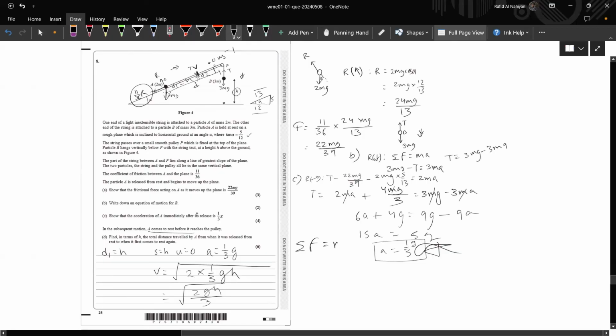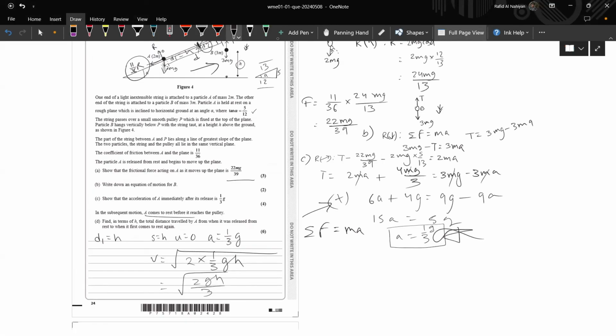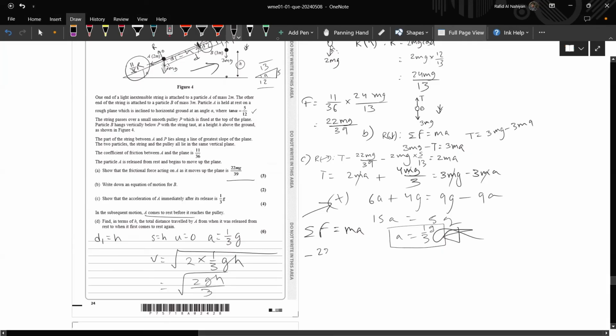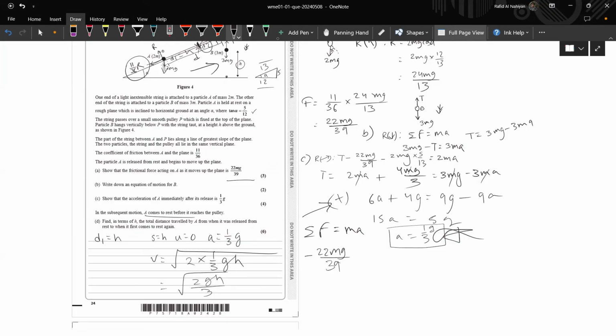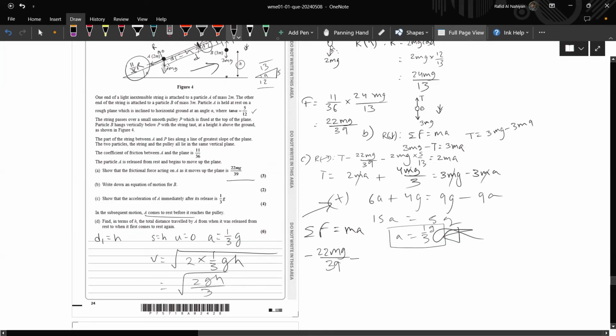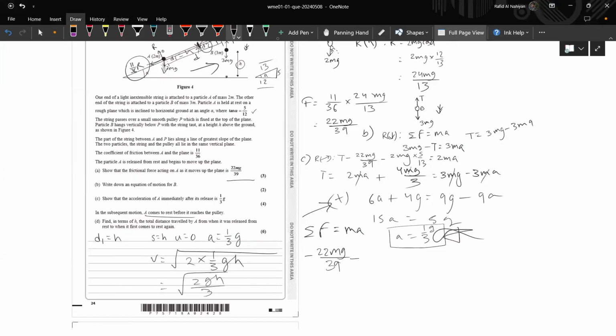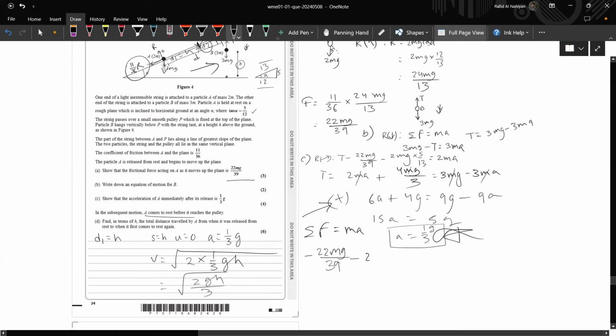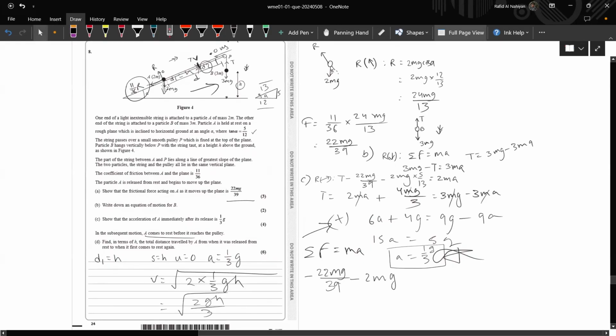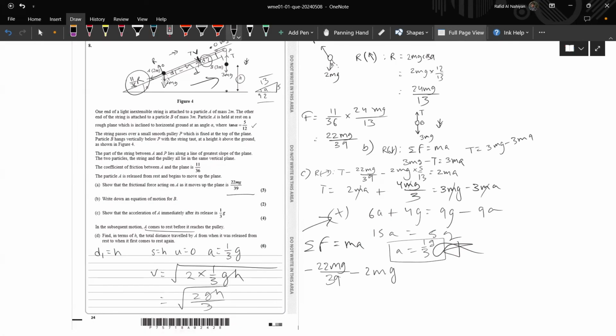How are we going to do that? Well, let's just use resultant force equal to ma, and I'm going to take this direction as positive, moving up the plane. So the resultant force there is going to be the weight and the friction. The friction, we just calculated that, is minus 22mg by 39, and the weight is basically the component parallel to the slope, which is of course 2mg times sine alpha. Sine alpha is 5 by 13.